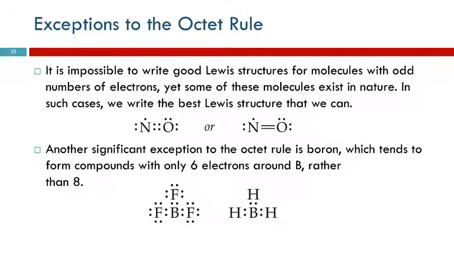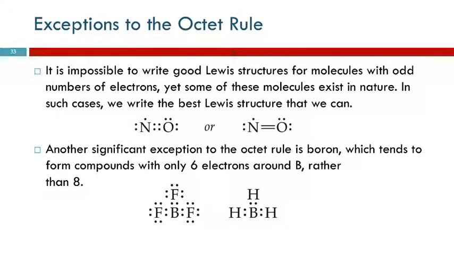So there are exceptions to the octet rule. To have something that follows the octet rule, you have to have an even number of electrons. There are molecules that have an odd number of electrons. One example is my favorite molecule, NO. Nitrogen has 5 valence electrons, oxygen has 6. That's a total of 11.